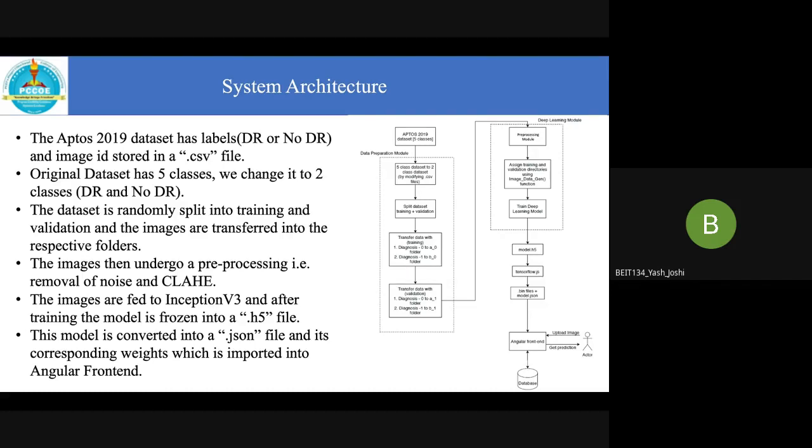These images then undergo pre-processing using CLAHE, and after this they are fed to the Inception V3 model to begin the training.